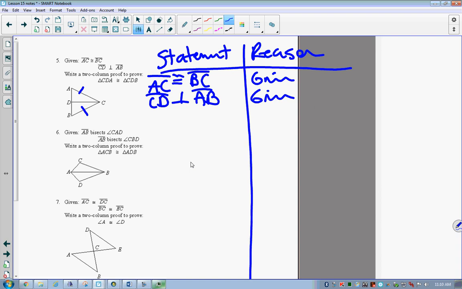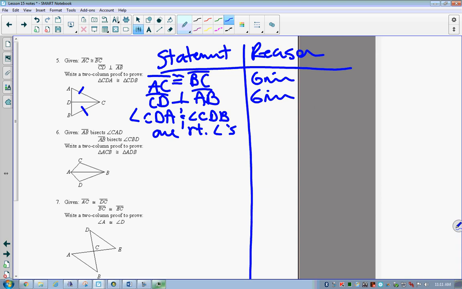So we do have to make this statement, and that is that angle CDA and angle CDB are right angles.